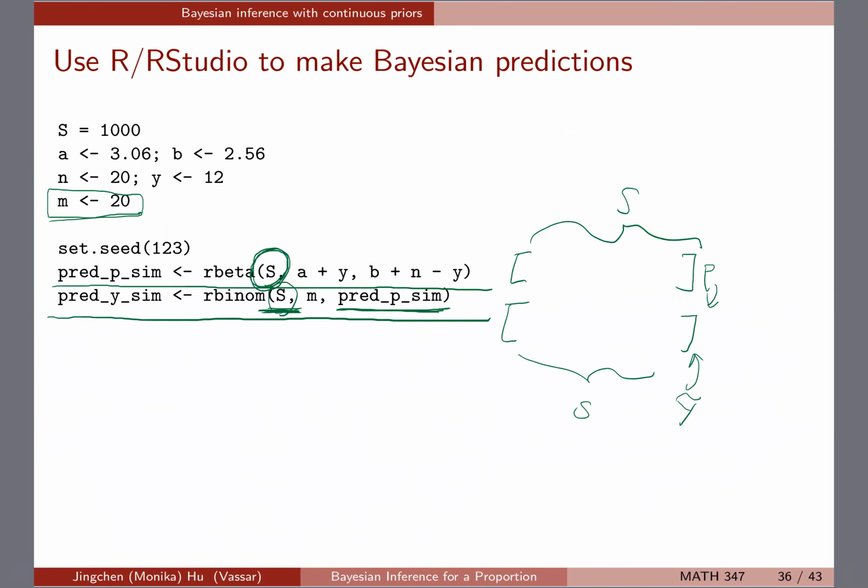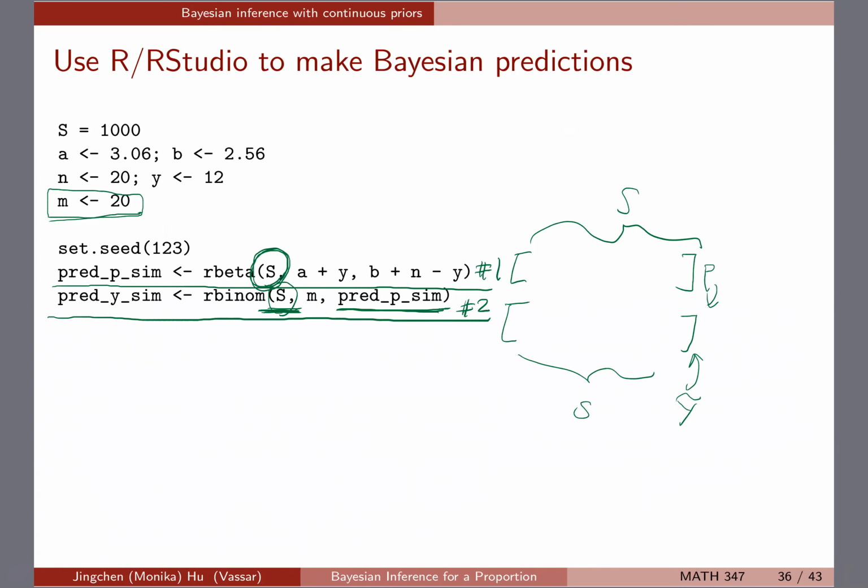So you can write a loop, obviously, but it's just going to take a little bit longer. But you can do it in vector form. So the first line is getting 1,000 different draws from the posterior distribution for p. And then the second line here is, for each of the different values that I have for p, I'm going to do one draw as the y tilde.